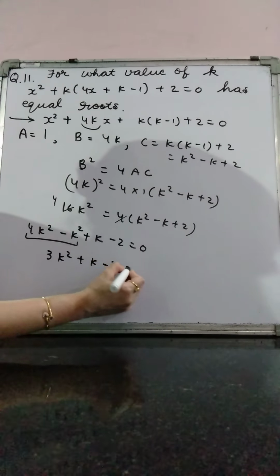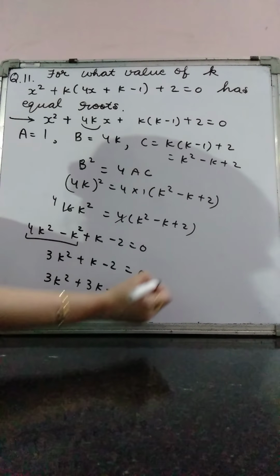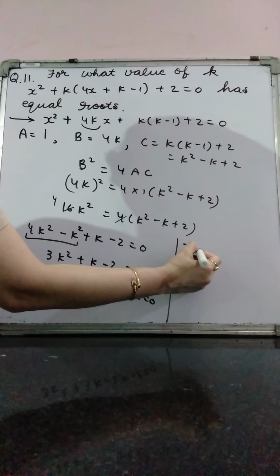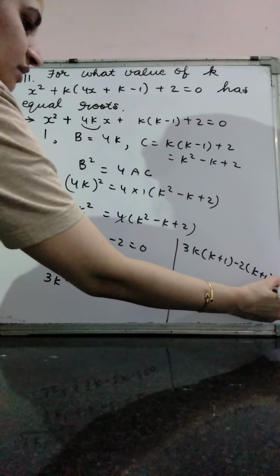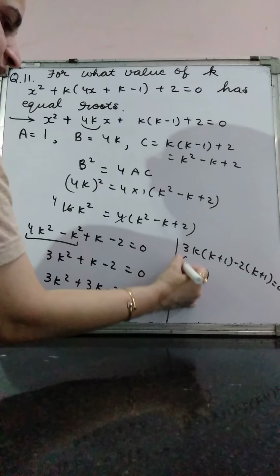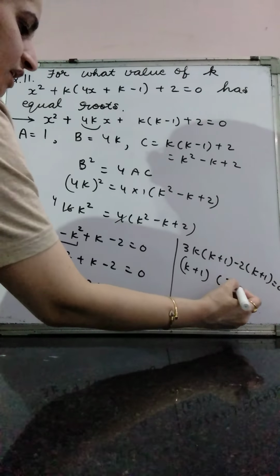Make factors: 3k minus 2k. Take 3k common: k plus 1 minus 2. K plus 1, k plus 1 common and 3k minus 2. So the value of k will be minus 1 and 2 by 3. These are the answers of k.